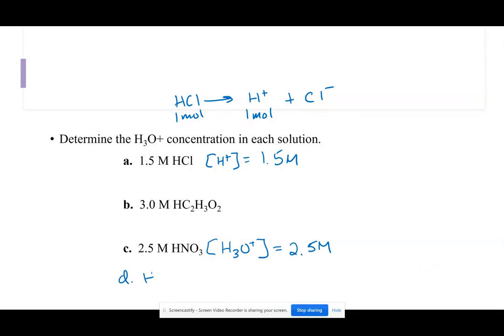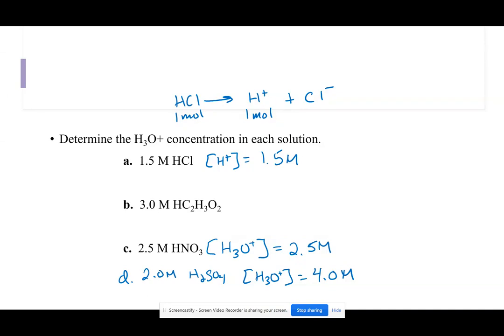If I have the diprotic acid sulfuric acid, let's say it's 2 molar sulfuric acid, then my hydronium ion concentration is going to be 4 molar, because for every mole of sulfuric acid, I get 2 moles of hydrogen ions, so it's twice as much.